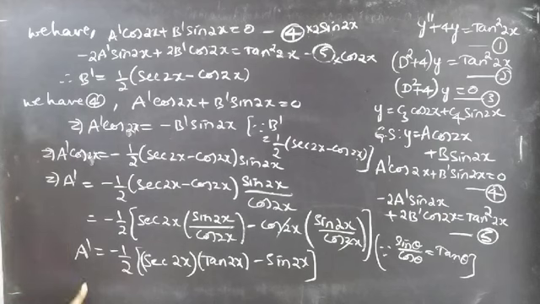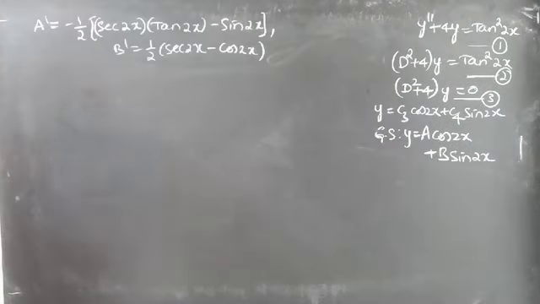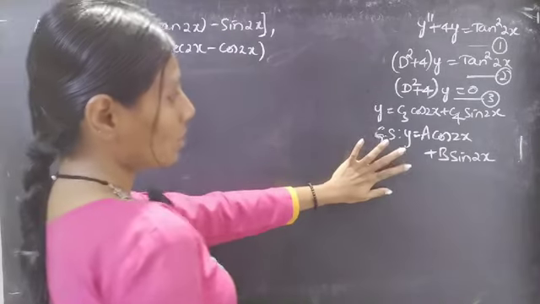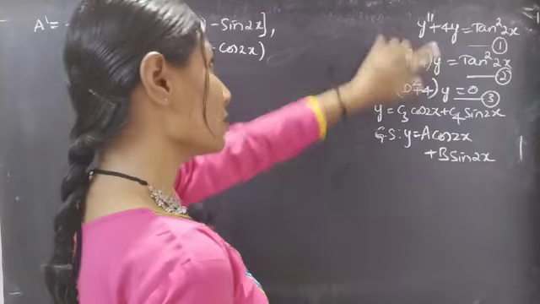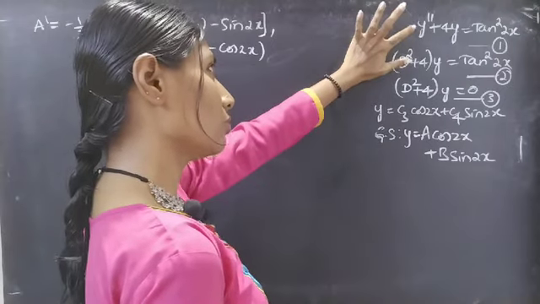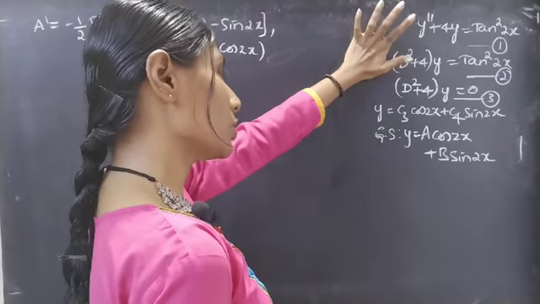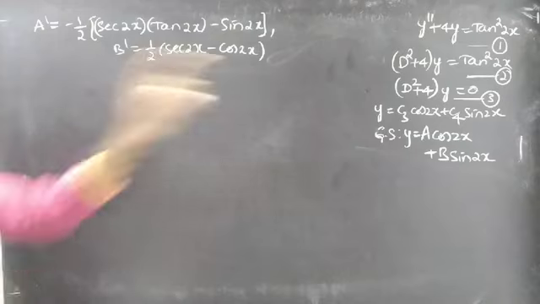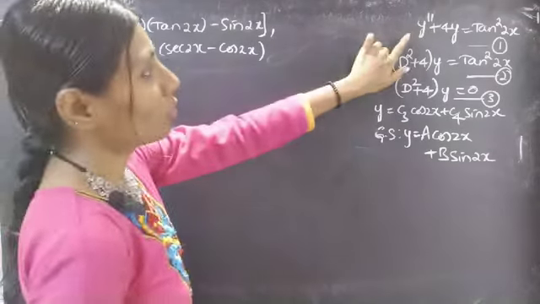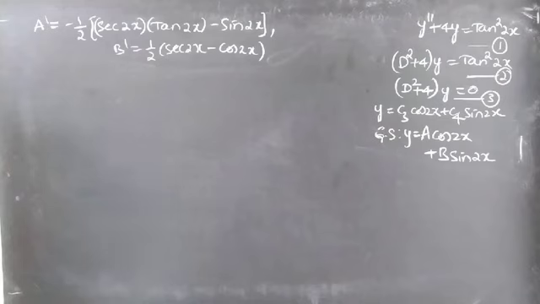We got b dash and a dash, right? Since y equals a cos 2x plus b sin 2x is the general solution of equation 1, this satisfies the equation. That's the reason we substituted y dash and y in equation 1, and from that we got a dash and b dash by solving the results obtained by applying y and y dash in equation 1 and equation 4, right?